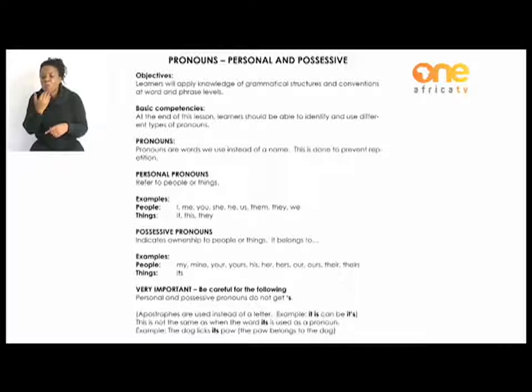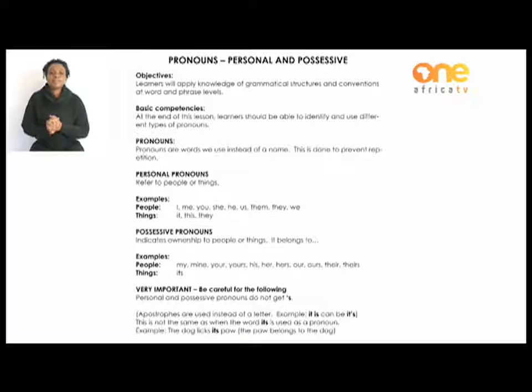Example, when we are referring to people, we use words like my, mine, your, yours, his, her, hers, our, ours, theirs. And when we are referring to things, we use its.